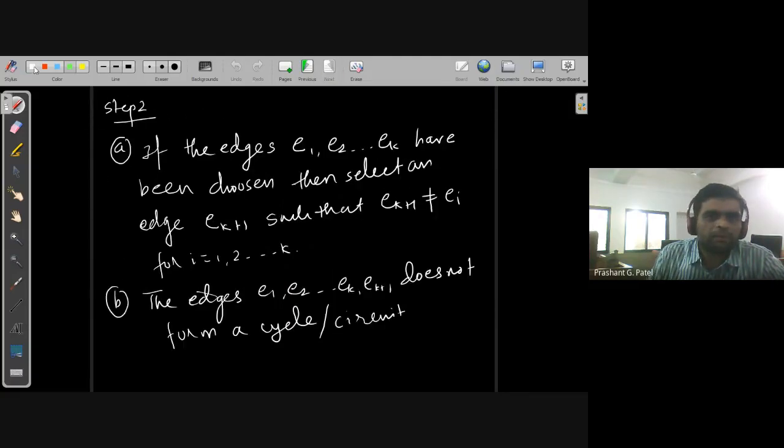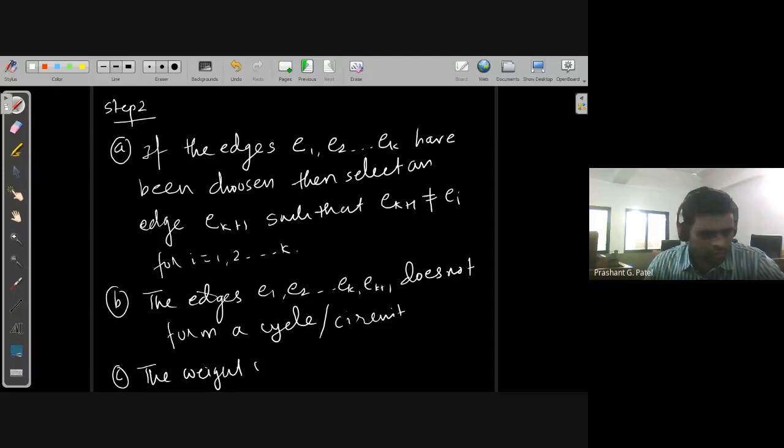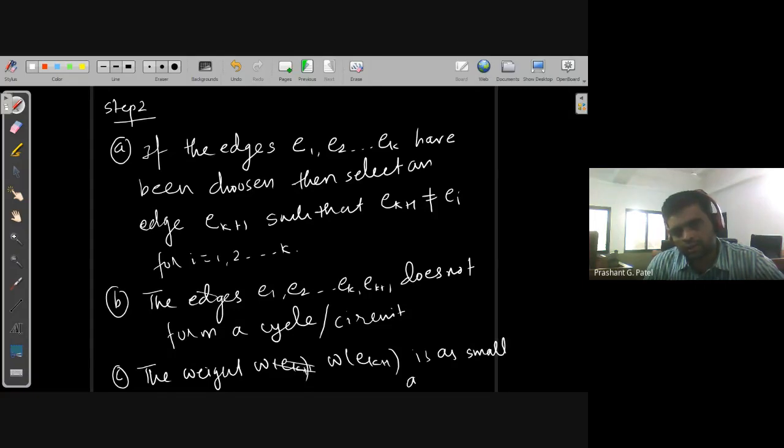Now step number C in it. The weight W of Ek plus 1 is as small as possible.